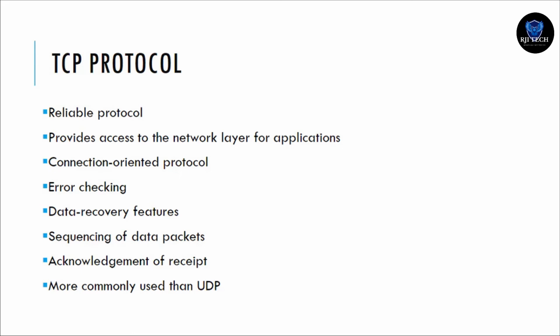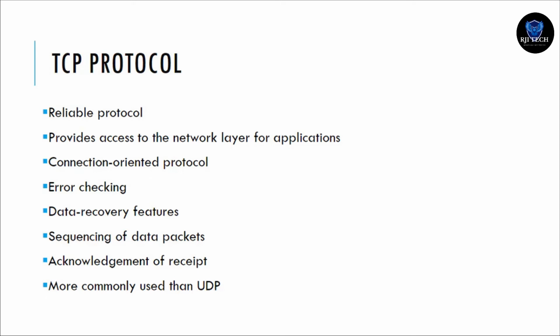It provides error checking. It provides data recovery features end to end. If there is data loss, data duplication, or any change in the data from the source to the destination, the TCP protocol can detect the loss and the duplication in the data, and can recover this by resending the data itself.